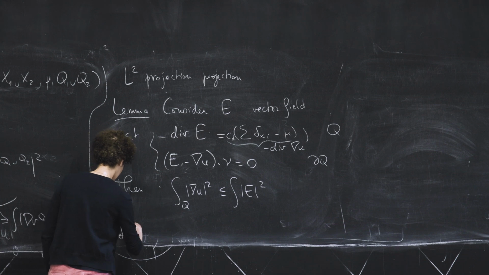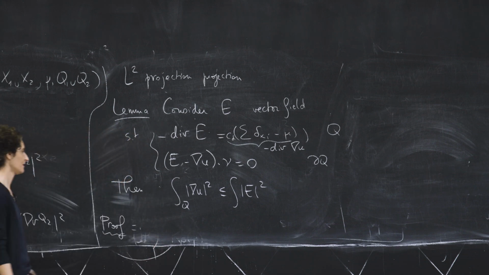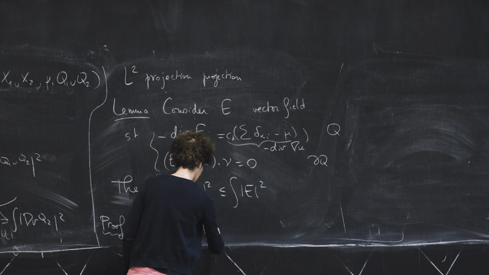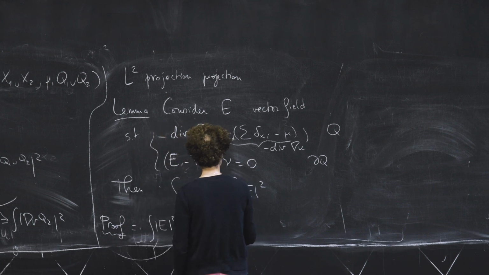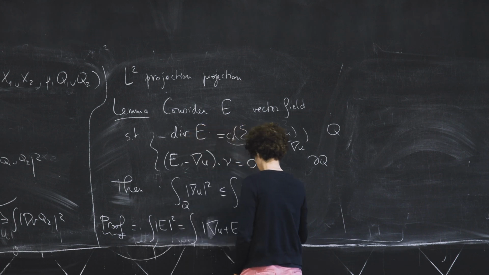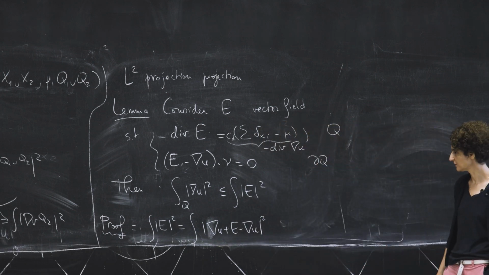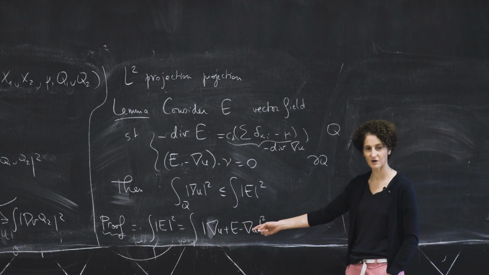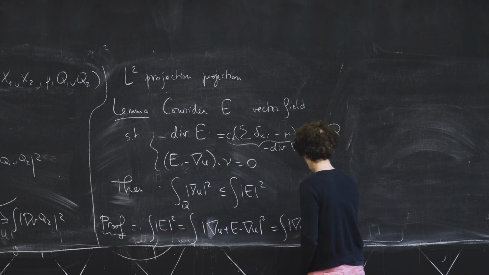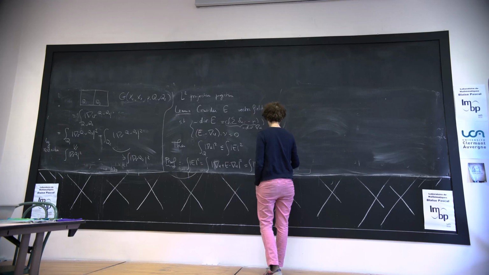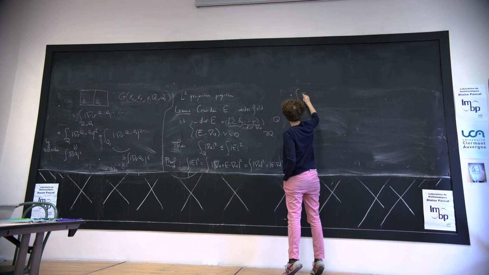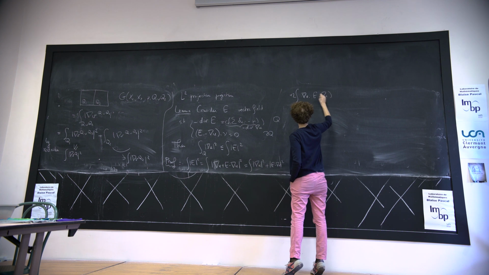So I'm going to give you the proof. It's an integration by parts, right? So we're going to write E squared as grad u plus E minus grad u. So far, nothing. And now we expand. So this is a quadratic thing. So there's going to be grad u squared plus E minus grad u squared, which is nice, as a sign, plus integral of, there's a 2, E minus grad u dotted with grad u.